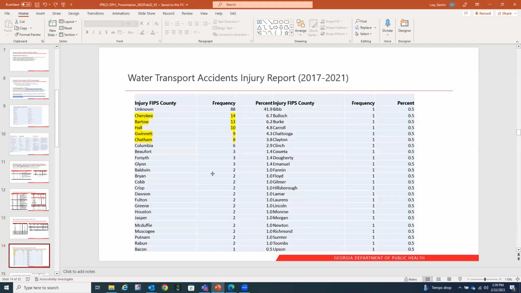Here shows the injury quantity and the frequency. We can find the high frequency happens in these highlighted injury counties: Cherokee, Bartow, Hall, Gwinnett, Chatham.